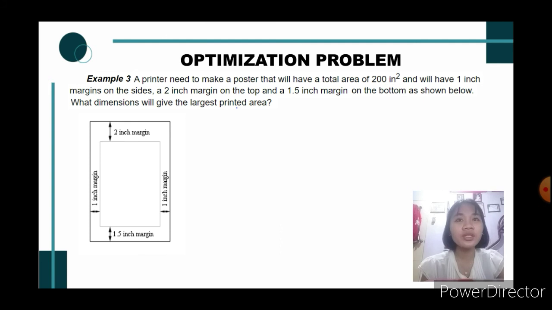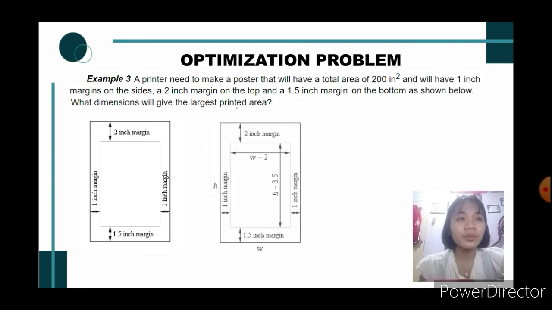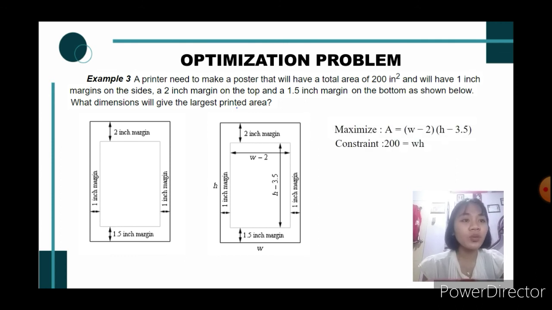So the equations that we'll be working with is maximize A equal to the quantity w minus 2 times the quantity h minus 3.5, and the constraint will be 200 equal to wh.